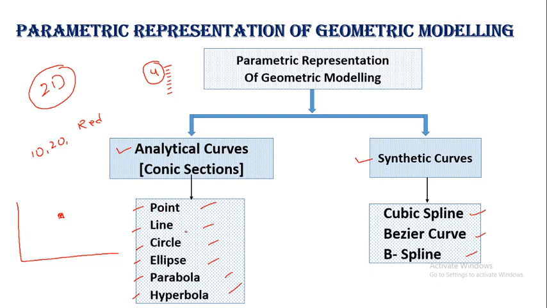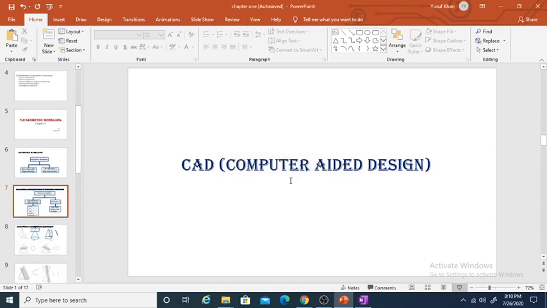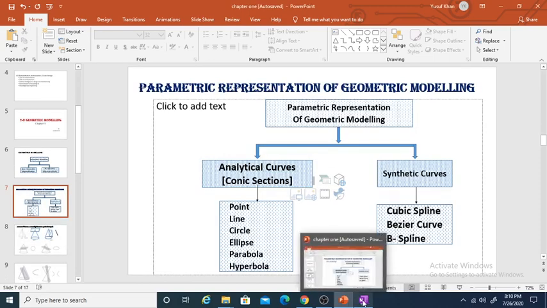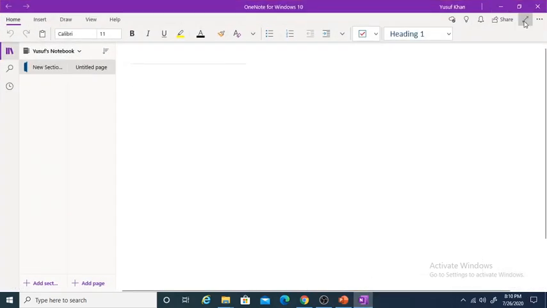Now you start with the drawing of the line. How to draw the line by using the parametric method. Okay, suppose you have to draw one line.